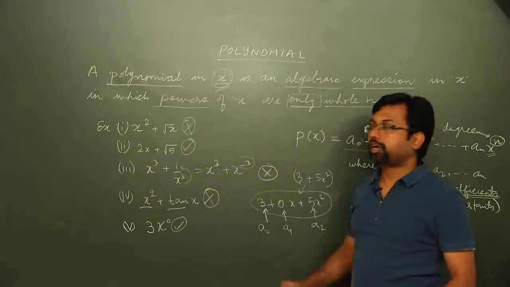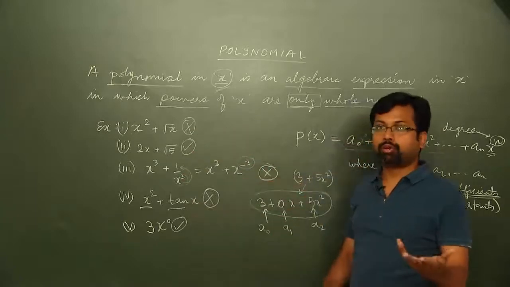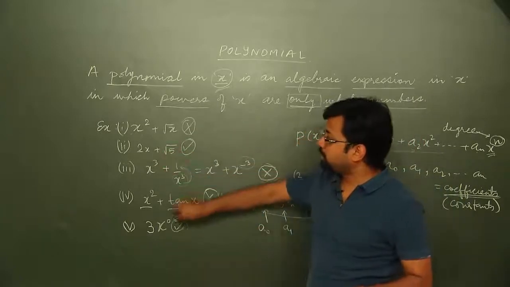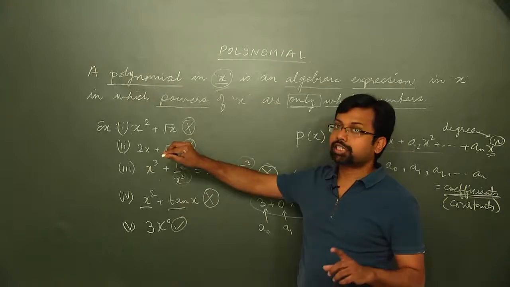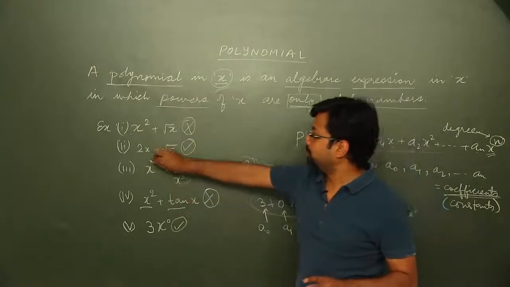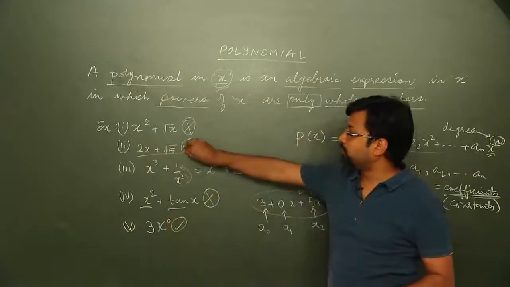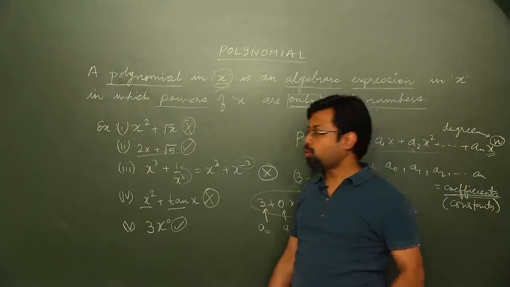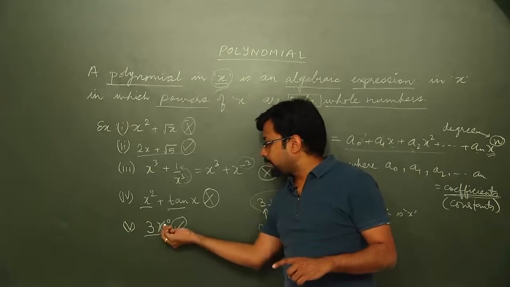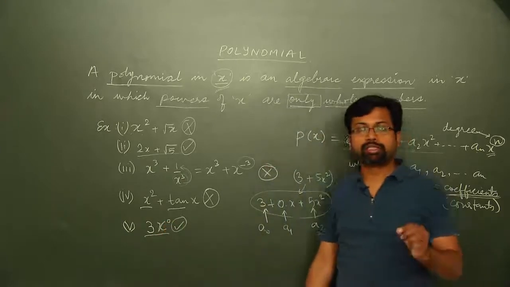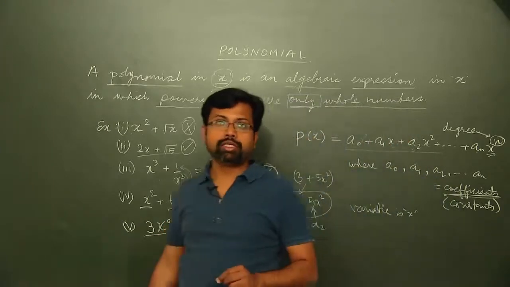For a non-polynomial it will not have a degree. A polynomial's degree would be the highest power of x in that expression. So here the highest power of x in that expression is 1. So the degree of this particular polynomial is going to be 1. Similarly here the highest power of x is 0. Hence the degree of the polynomial is going to be 0.